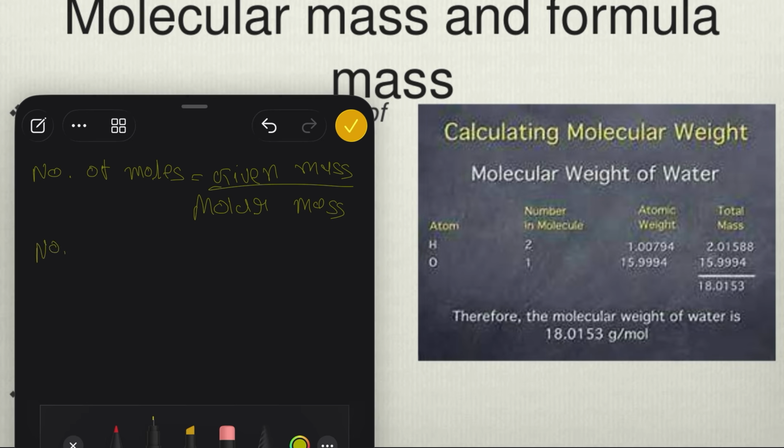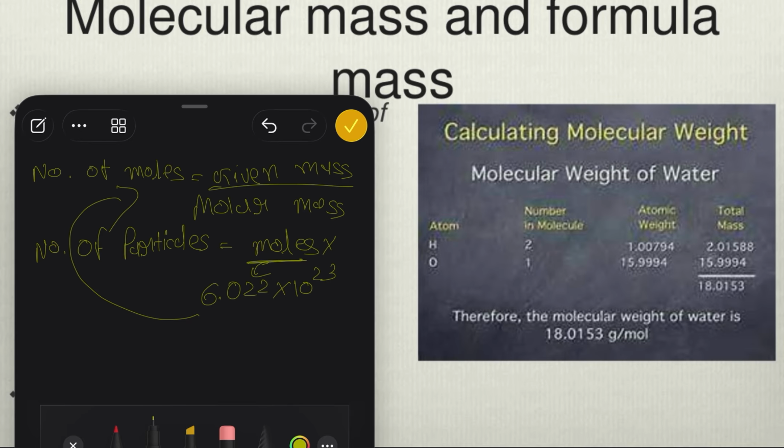Number of particles is equal to moles times 6.022 times 10 raised to 23. Moles times the Avogadro number gives the number of particles.